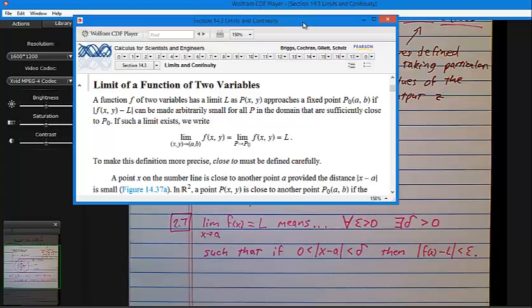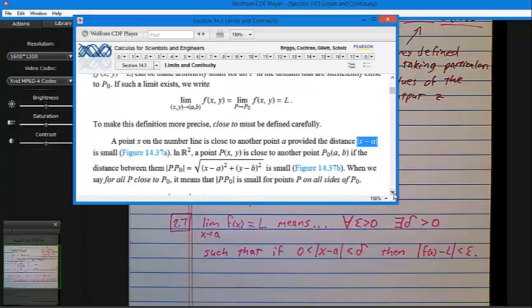Okay? Now, one other thing you're going to see in the book, you guys see this? Absolute value of x minus a. Right? Well, now they're going to replace that with this distance from p to p naught. That's just the Pythagorean theorem. But I need to show you some pictures, I think, to show you exactly what's going on here. Okay?